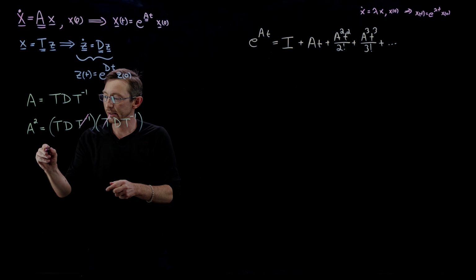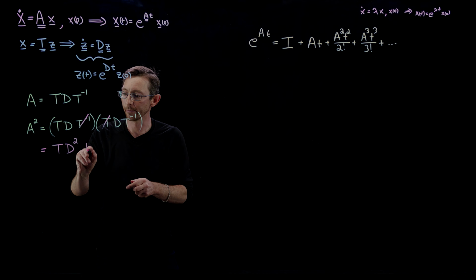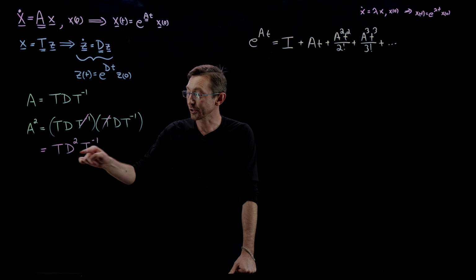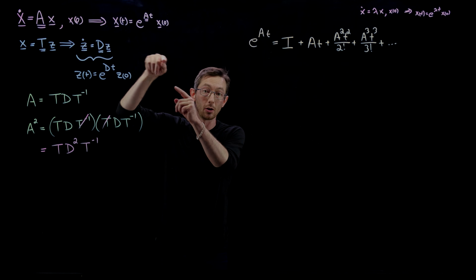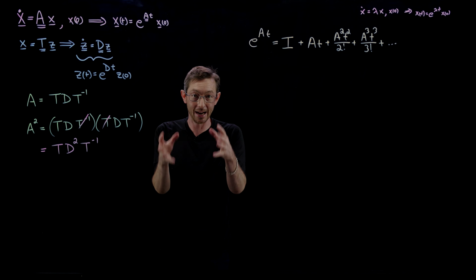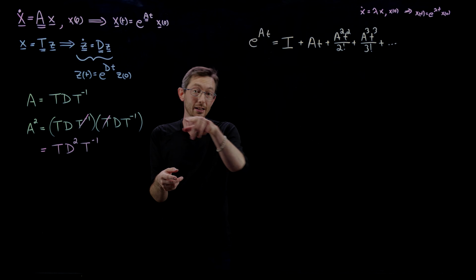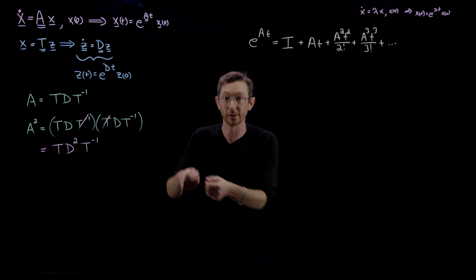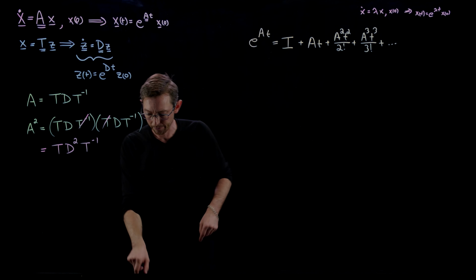And this equals T times my diagonal matrix squared times T inverse. And this is actually not so bad to compute. D squared is easy. I just square all of the diagonal entries. A diagonal matrix squared is just another diagonal matrix where the entries are squared. So this is actually easier to compute.